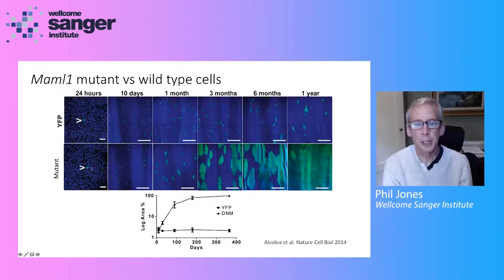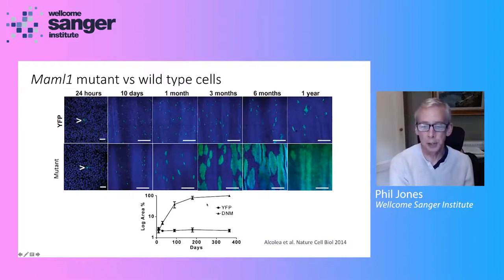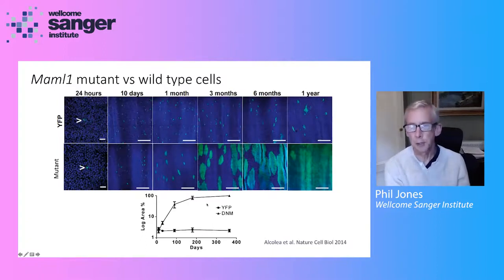And as you can see here, the pattern changes dramatically. We get huge clones appearing, and these get progressively larger and larger till they fuse. And by a year, the entire tissue has been replaced by mutant cells. Despite this, and very strikingly, the mice remain completely well. And as in humans who have extensive notch mutations, there's no gross difference in the tissue structure, and there are no tumours formed.